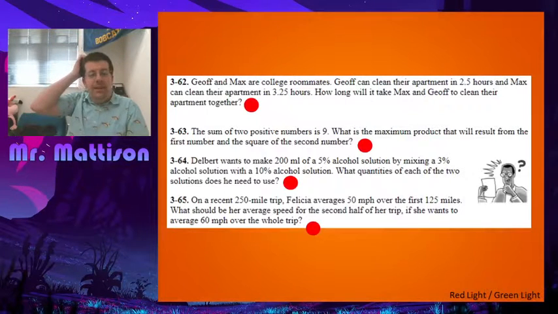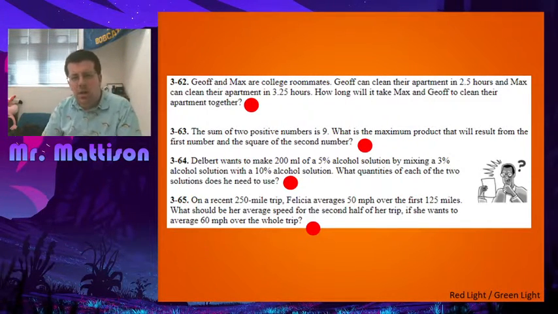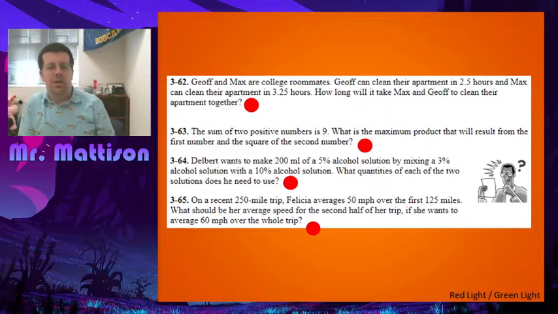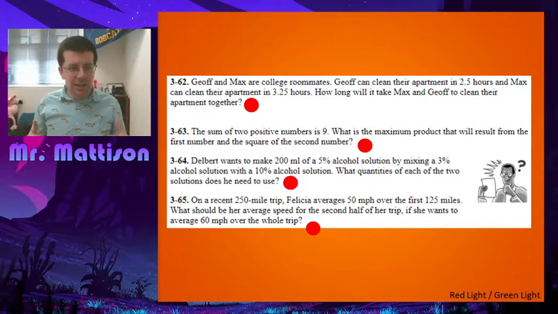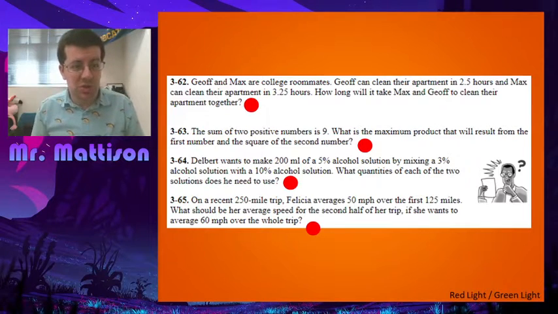Number 4, we have a mixture problem. So you're going to see these very often used with alcohol solutions, because that's a very common place to see it in kind of a chemistry setting, right? You are going to want a specific percent of alcohol in your solution.